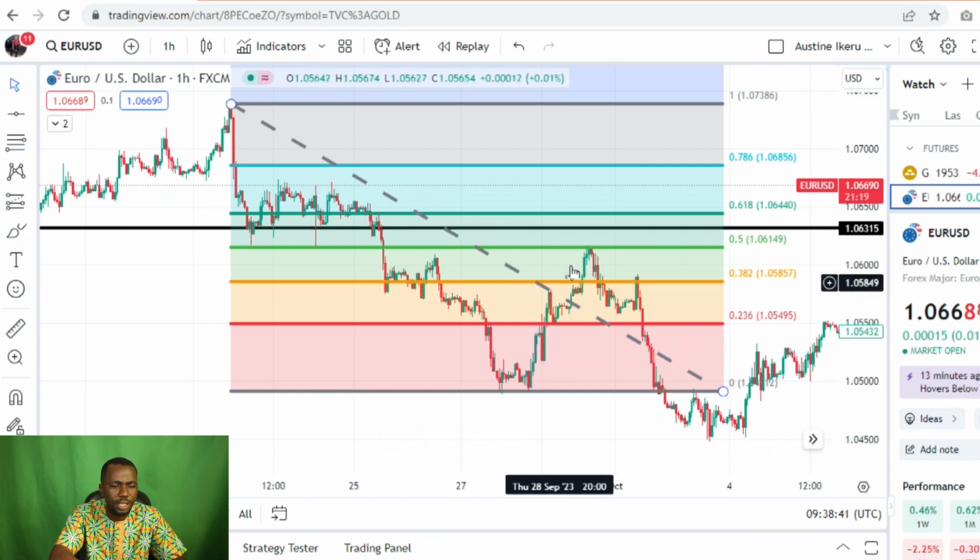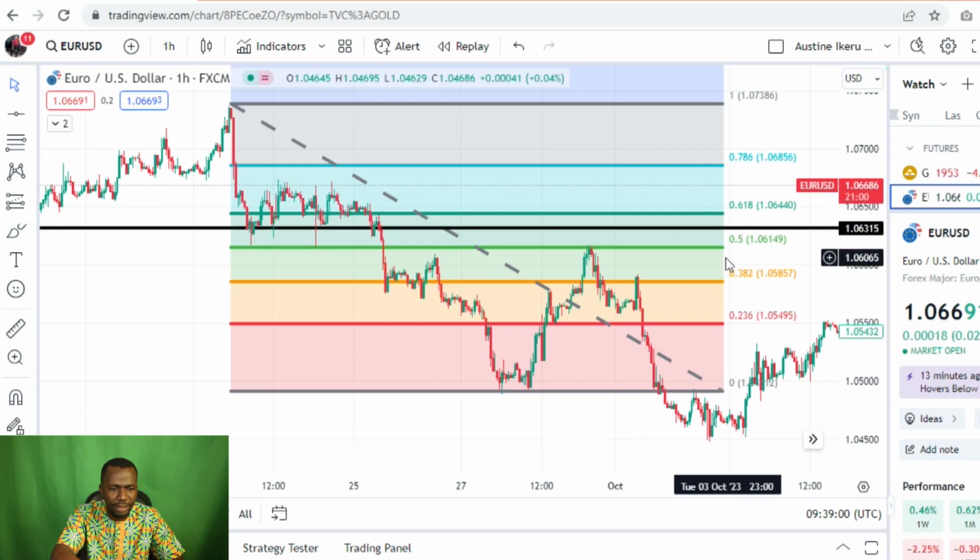So we are watching the price as it reacts on the Fibonacci retracement tool and the resistance level. If you watch clearly, you see that we have two numbers that are very close to the resistance level. We have the 0.5 and the 0.6. So we should be looking at these two numbers.